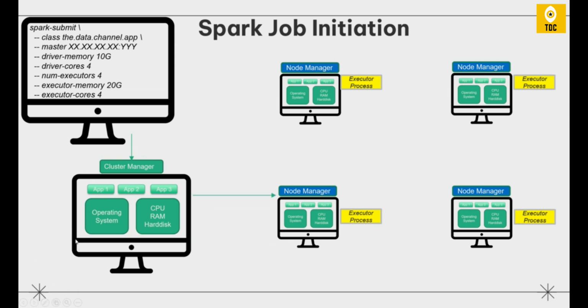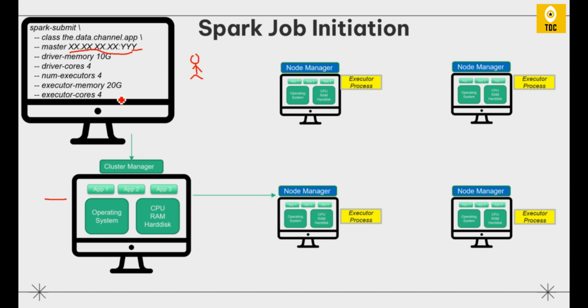This location that you are giving for the master node specifies where exactly the master node is, because you are just a user using this laptop or machine to submit this Spark job, but the cluster might be in a remote location, so you need to give the location of the master node where the Spark cluster is installed.